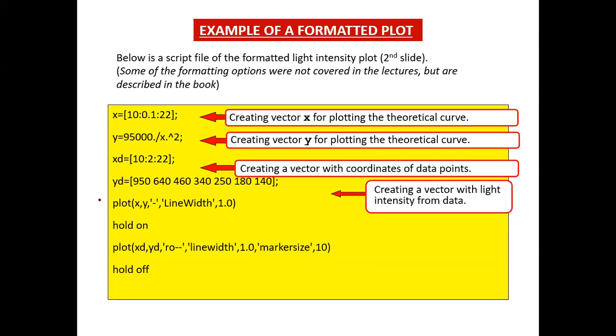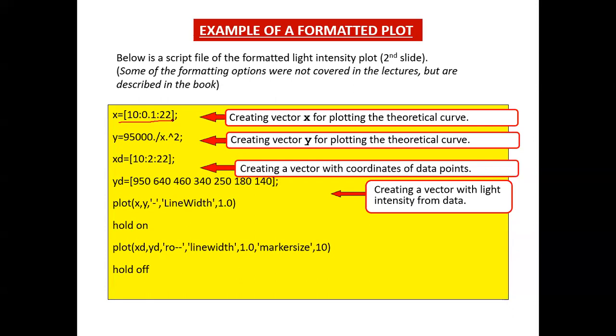Then we can easily understand how to format the plot in two dimensions. Here we have the x value and y value. For x, the values are x equals 10 to 22, incremented by 1.